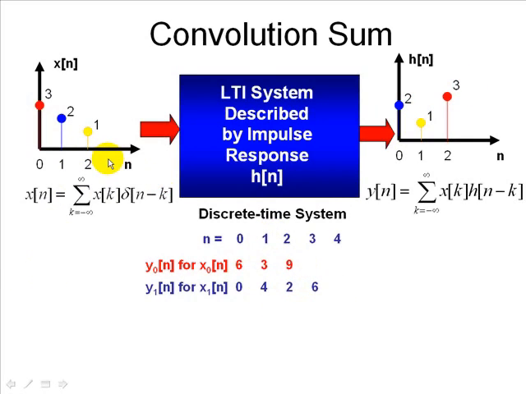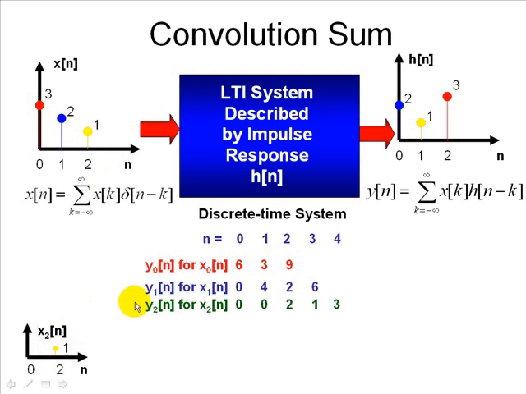Likewise, the next one, we call this x2 at k equals 2. We have y2[n] for x2[n], where it's shifted by 2. That's why there's a 0 in here, and it has a weight of 1. So we'll just keep these numbers right here, 2, 1, 3.